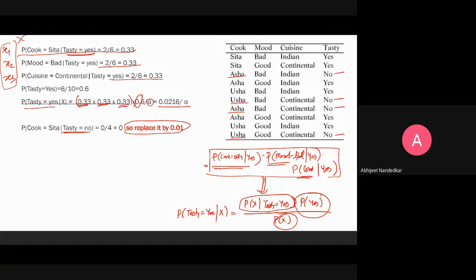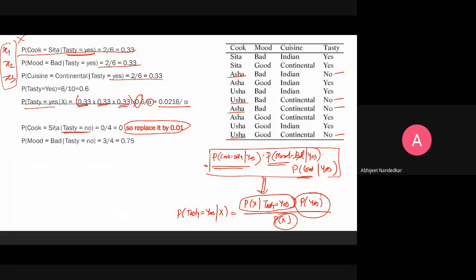Whenever you find there is no evidence, you can replace it by a small evidence. Don't put big values like 0.1 or 0.2. You put a small value, maybe 0.001, but you don't write simple 0. If you put simple 0, then all the other probabilities will get multiplied by 0, so there is no fun in the calculation.